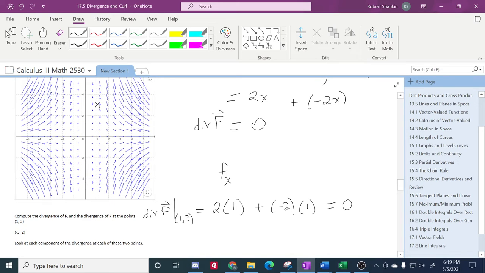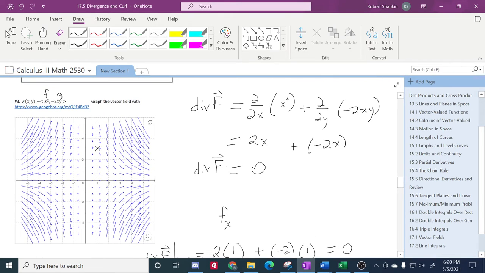So what does it mean? Think of this for a moment. As you move 1 unit, because any partial derivative with respect to x says how does, now the f, the little f, was the x squared.